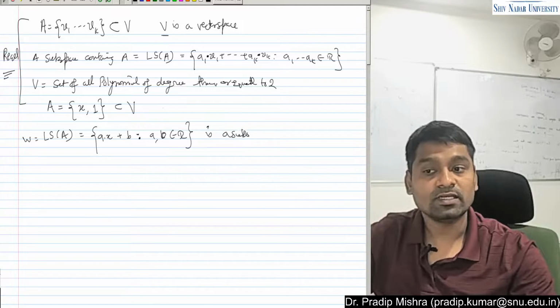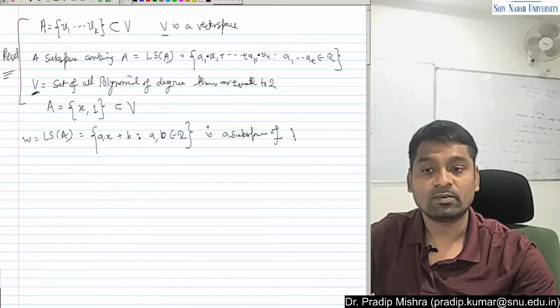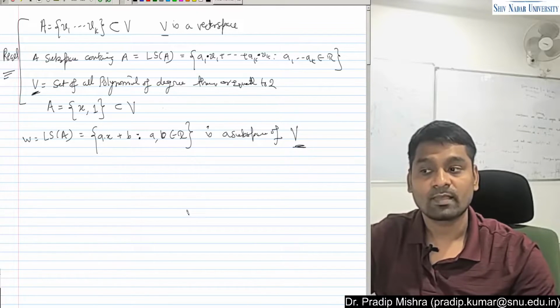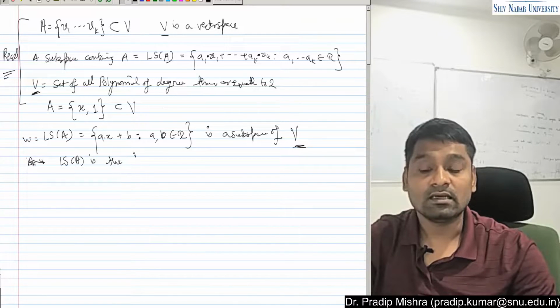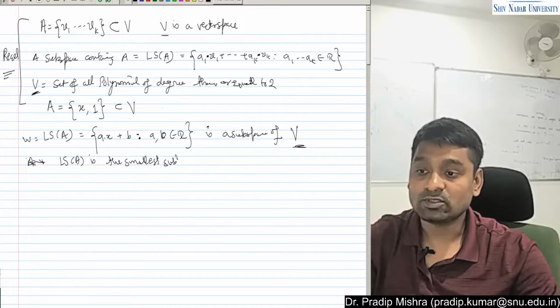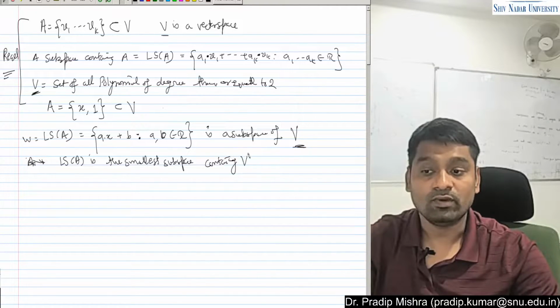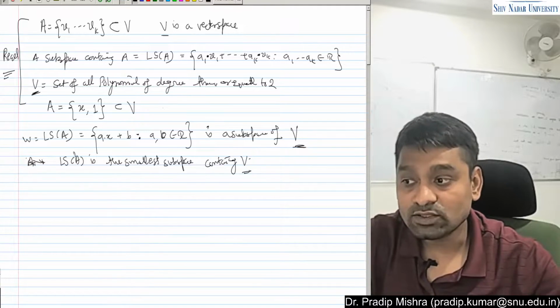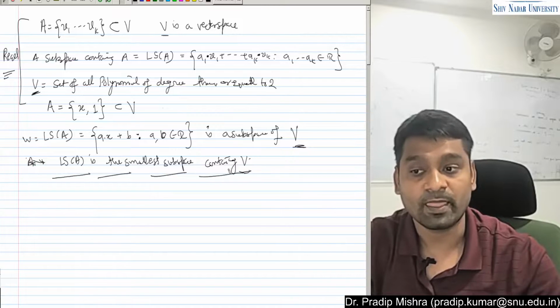This turns out to be a subspace of this V, the set of all polynomials. So LS(A) is the smallest subspace containing A. This is a really very important fact we have seen in the previous video.